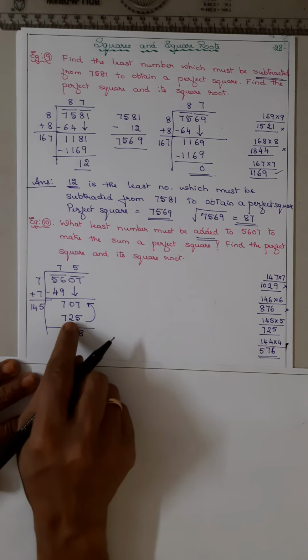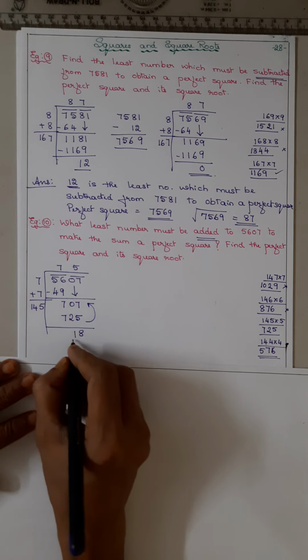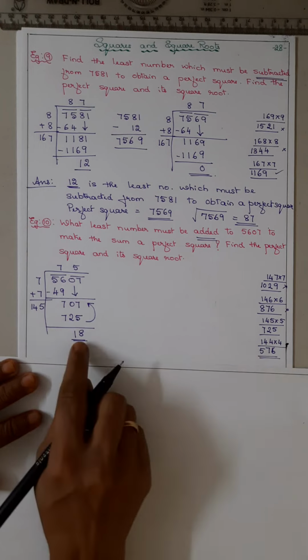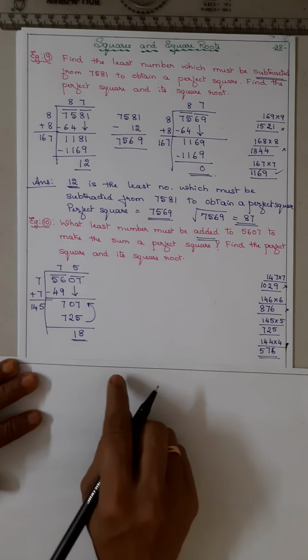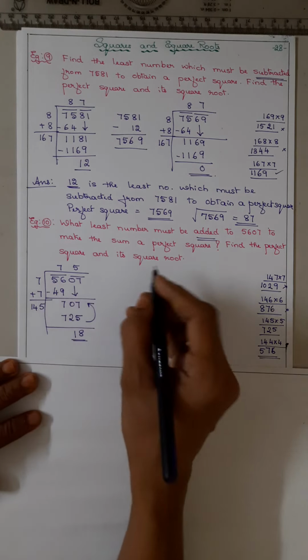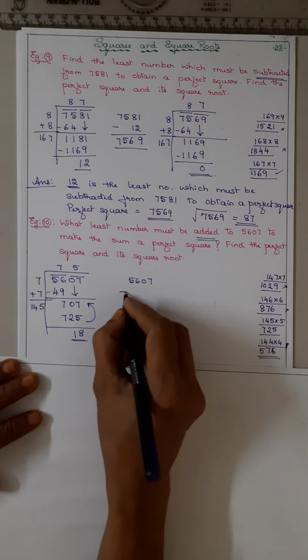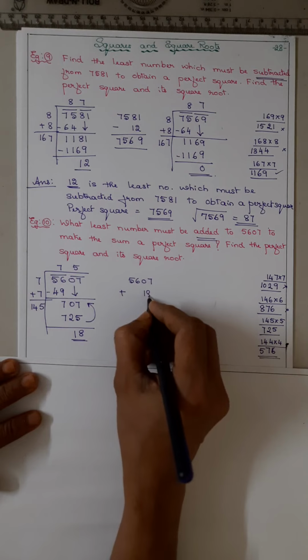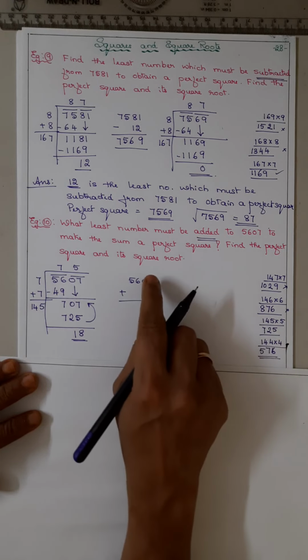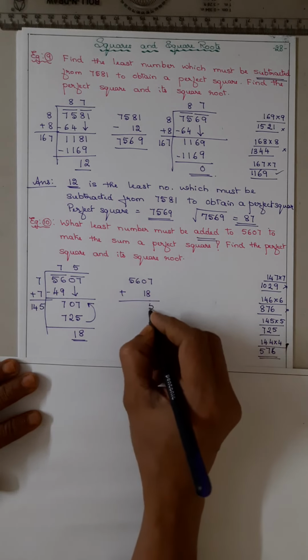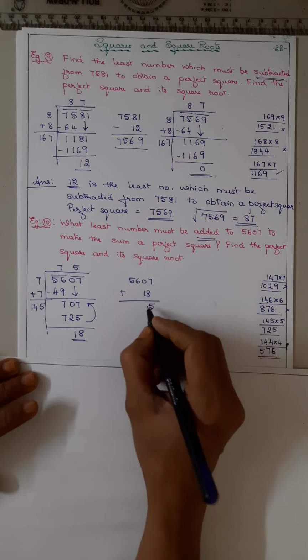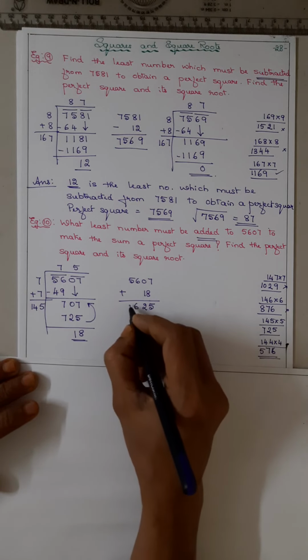Now here 1 is remaining. Now 18 should be added. Okay, which is the number? 5607. Add 18. 7 plus 8, 15. 1 plus 1, 2, 6, 5.